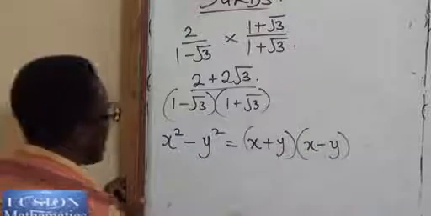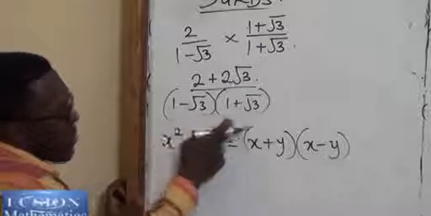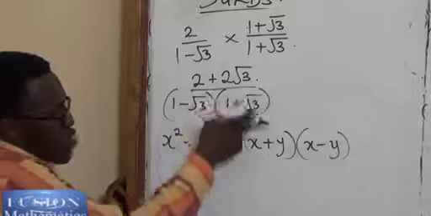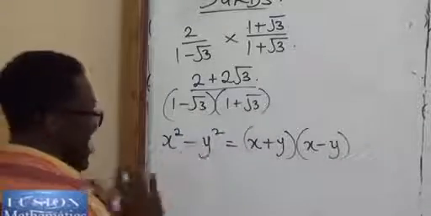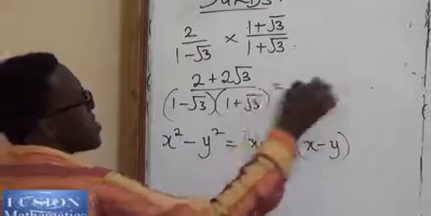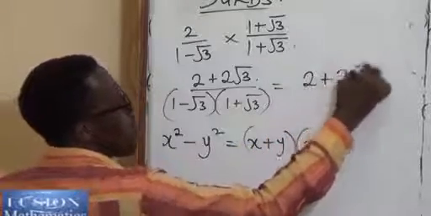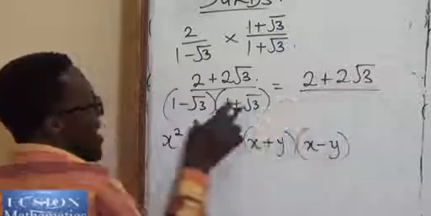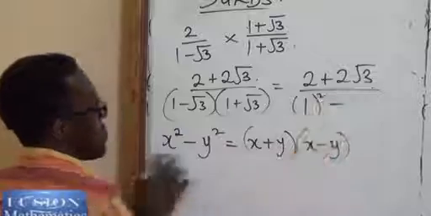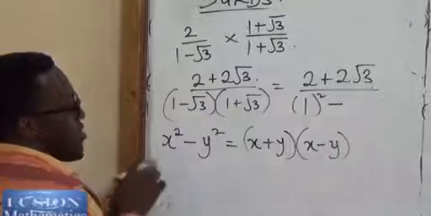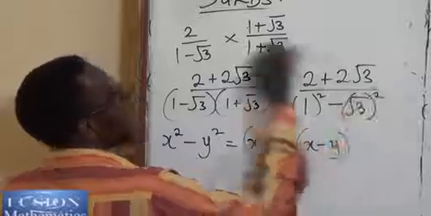You can see here that you have 1 minus root 3, and at the other bracket you have 1 plus root 3. So we can introduce the difference of two squares easily by saying this equals 2 plus 2 root 3 all over 1 raised to power 2 minus, taking the difference of two squares, root 3 squared.